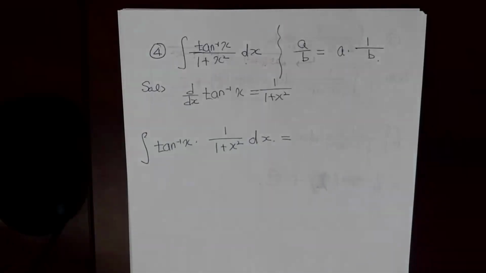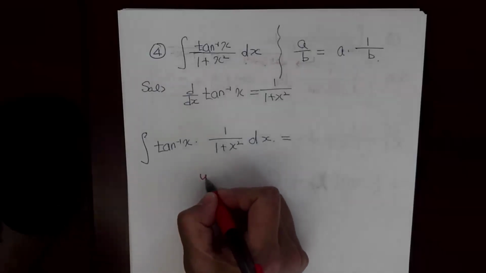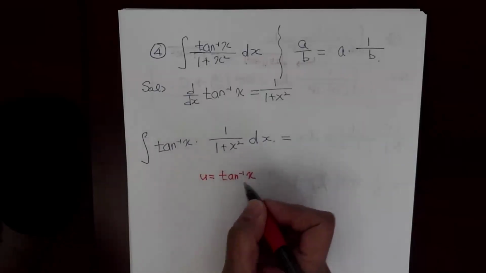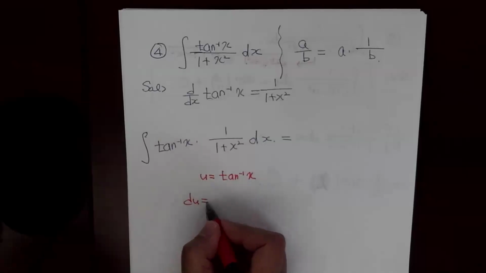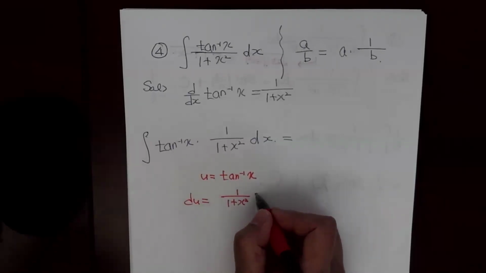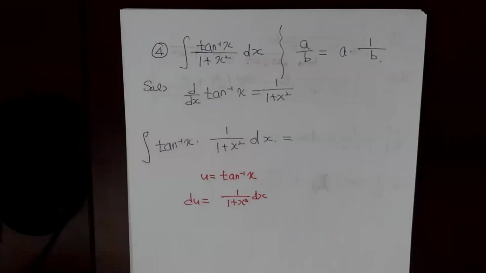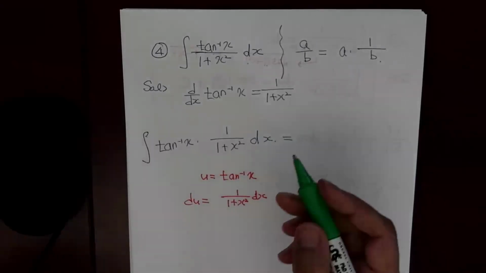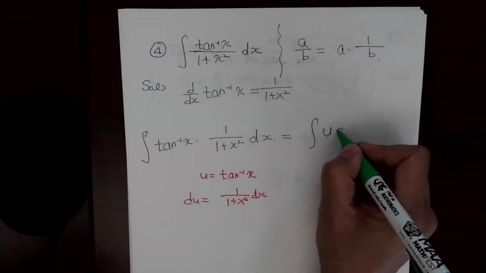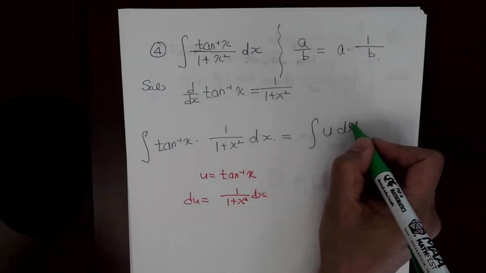And so the natural decision to make is u equals tangent inverse of x. Then du equals 1 over 1 plus x squared dx. So what is that? That is integration u du, right?